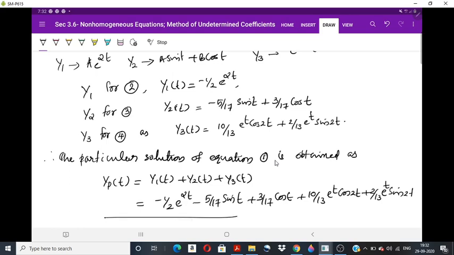So this is the required particular solution for the given problem.